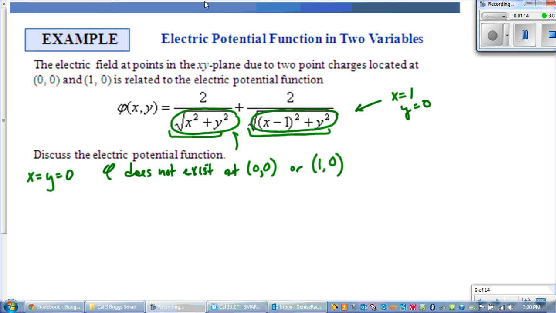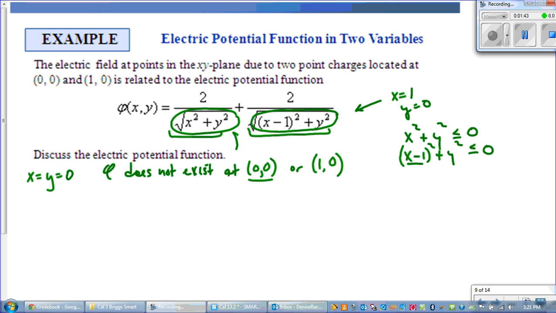Now, if you actually just took the expressions under the radicals, x squared plus y squared, and found out what makes them less than or equal to 0, they can never be negative since it's the sum of two squared terms, and it can only be 0 at (0, 0). Likewise, (x minus 1) squared plus y squared is less than or equal to 0 only when it's equal to 0, because it's never negative since it's the sum of two squares.